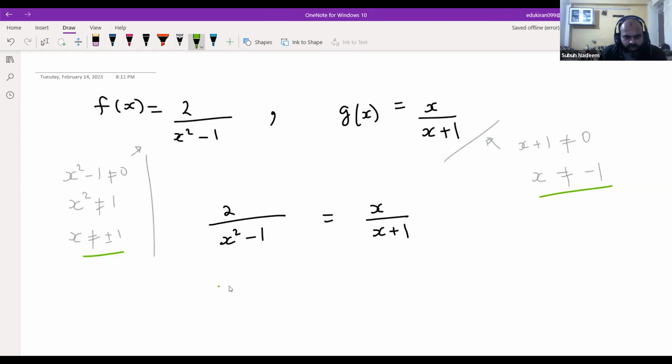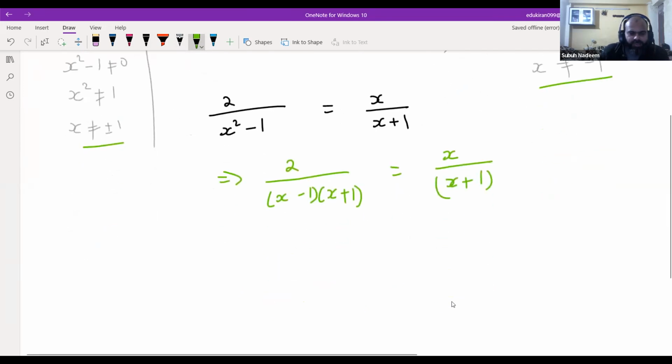Now, if we equate them, we write it like this: 2 by x minus 1 into x plus 1 equal to x by x plus 1. What we do next is we can cancel this x plus 1, since x is not equal to minus 1.